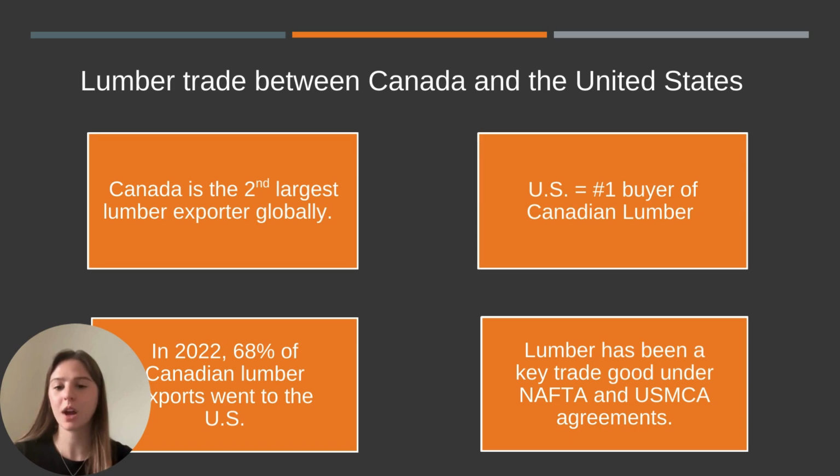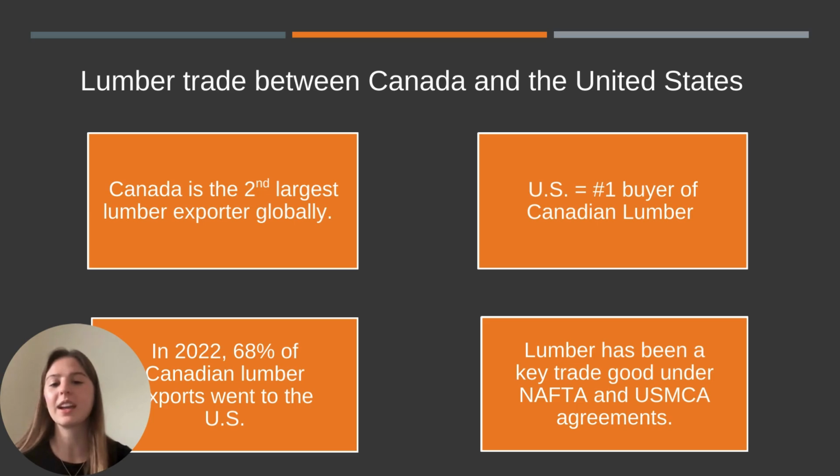So, for our specific product, we'll be talking about lumber and the trade of lumber between Canada and the US. Canada is actually the second largest lumber exporter in the world. This means that Canada is really important to the lumber industry in general. And the US is the number one buyer of Canadian lumber. In 2022, 68% of Canadian lumber exports went to just the US.